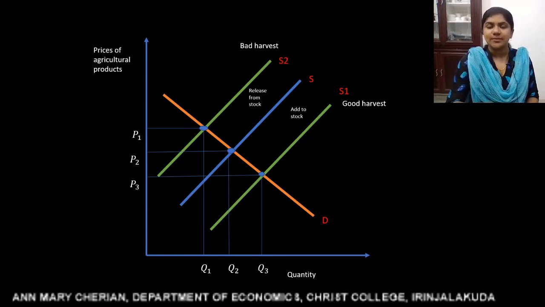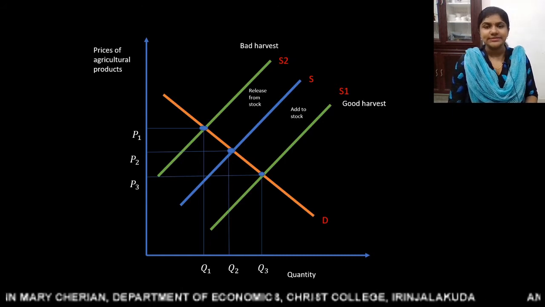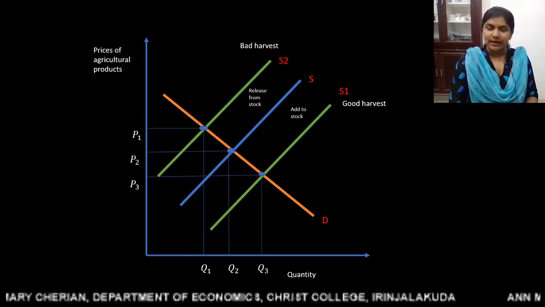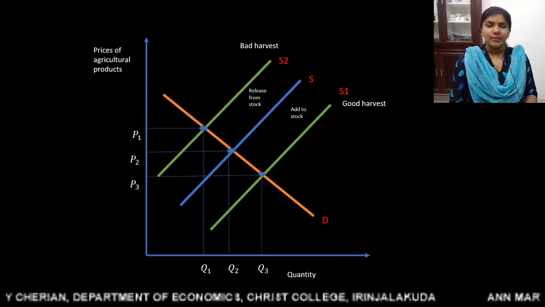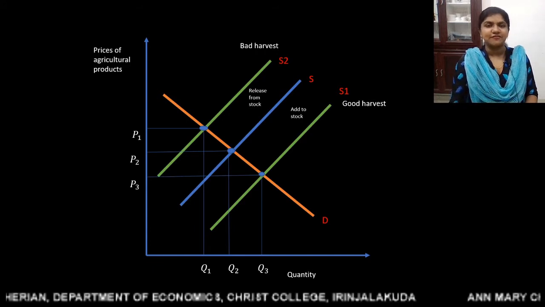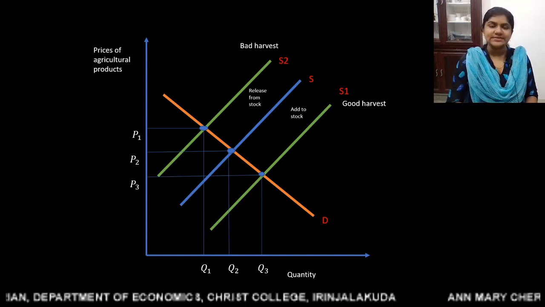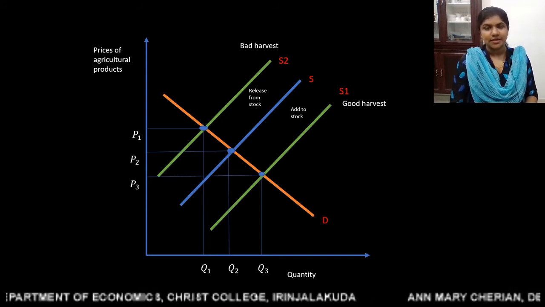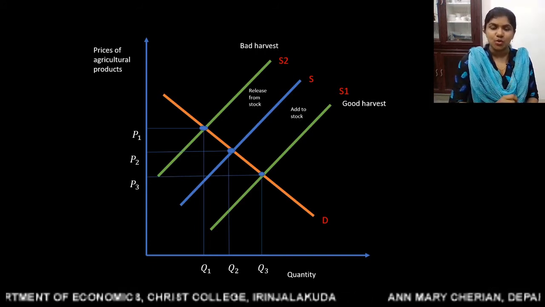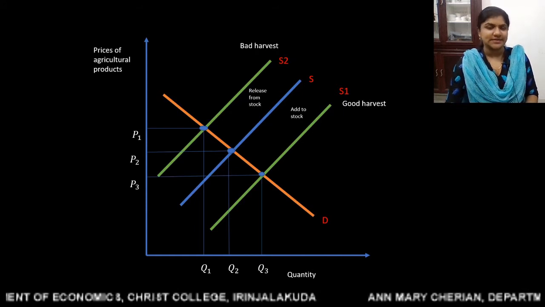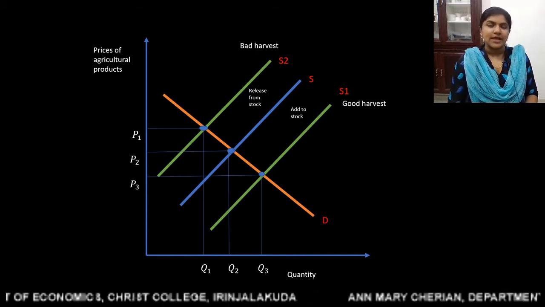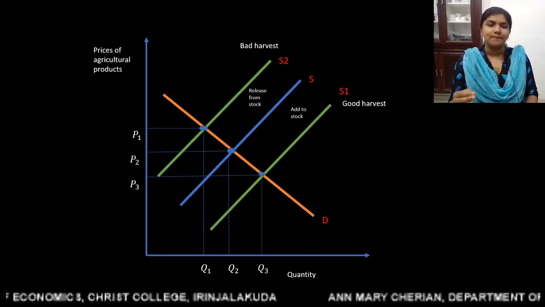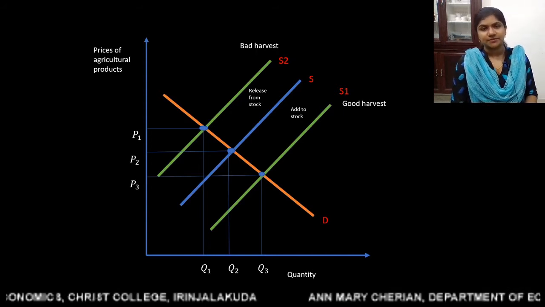So in order to stabilize prices in the market, government will intervene in the market. Government will release its buffer stock and increase supply of farm products in the market. So supply curve S2 shifts back to S, and equilibrium price P2 is re-established.